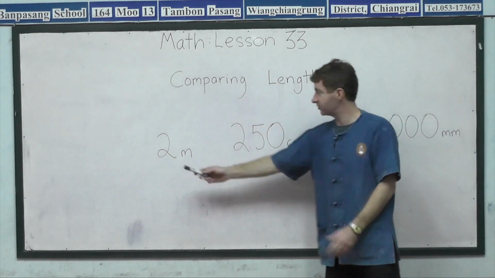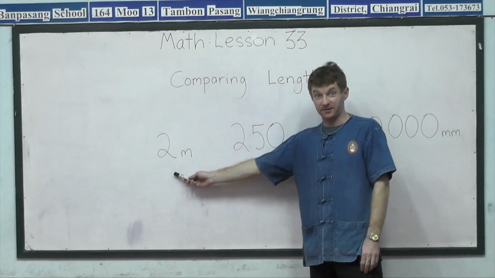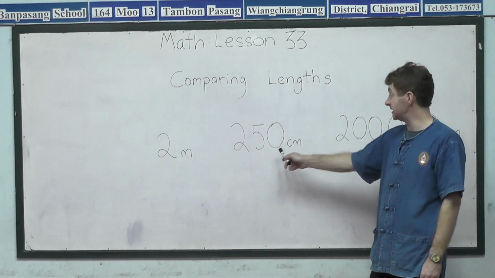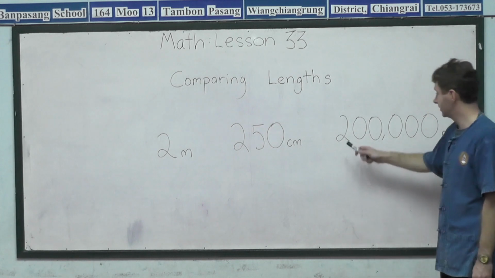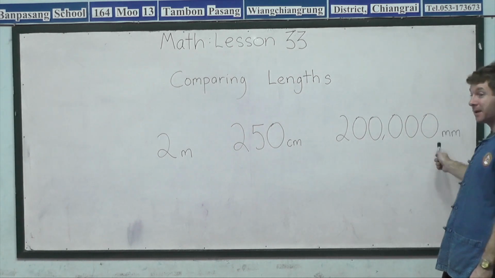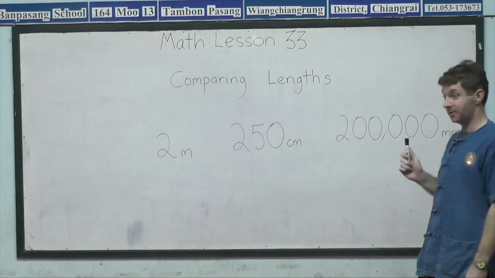So what's our first length? 2 meters. 250 centimeters. 200,000 millimeters.